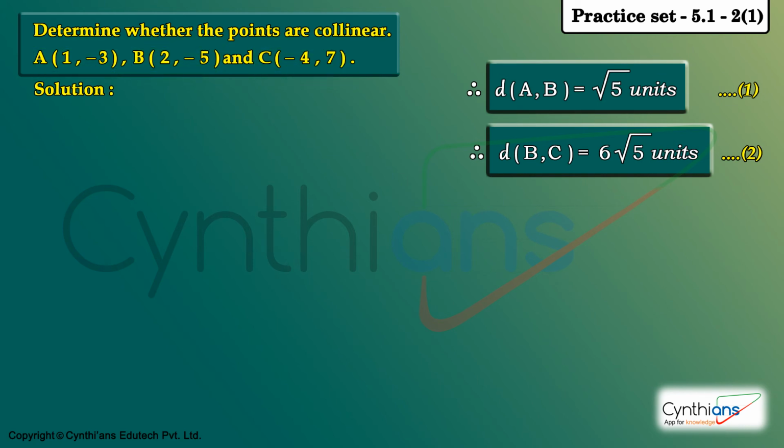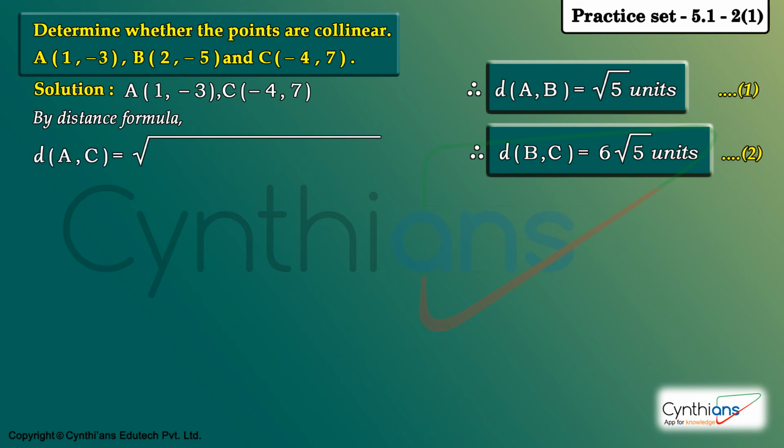Let's consider coordinates for point A as x1, y1 and coordinates for point C as x2, y2. Now, x1 becomes 1, y1 becomes minus 3, x2 becomes minus 4, y2 becomes 7. Therefore, by distance formula, d of AC is equal to square root of x2 minus x1 the whole square plus y2 minus y1 the whole square.